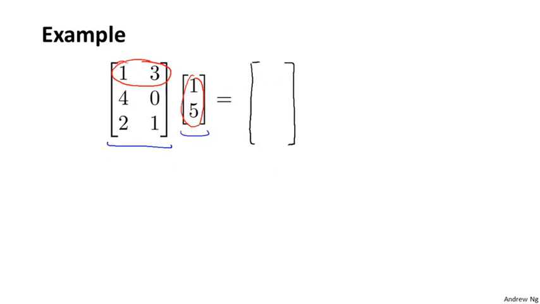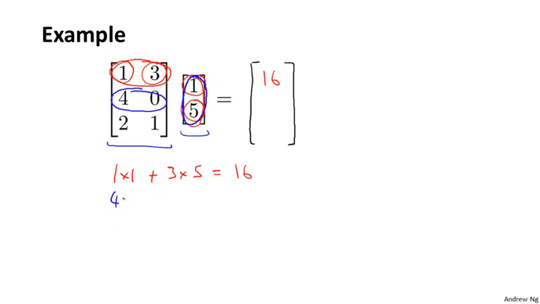I'm going to take 1 multiplied by 1 and take 3 and multiply by 5. That's 1 plus 15, so that gives me 16. I'm going to write 16 here. Then for the second element, I'm going to take the second row and multiply it by this vector.